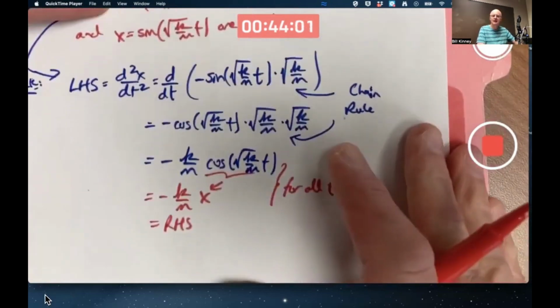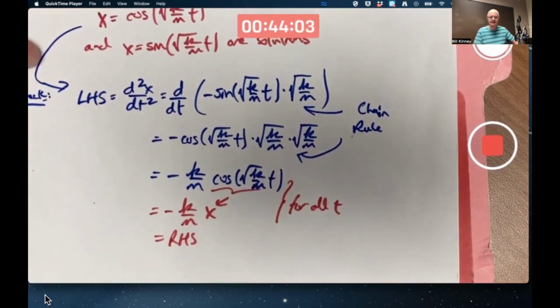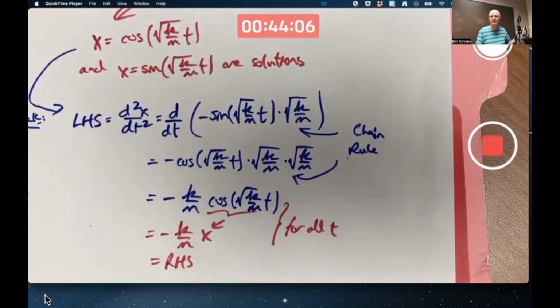I could do a similar checking with sine of square root of k over m times t. I won't. Instead, what I'll do is I'll write down a general solution, and I'll also solve an initial value problem.